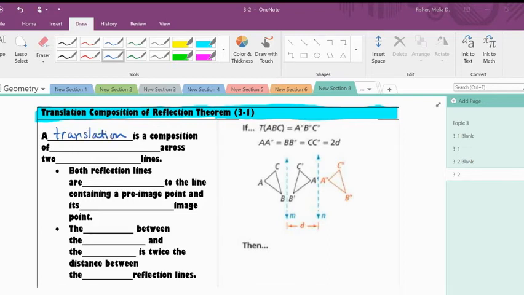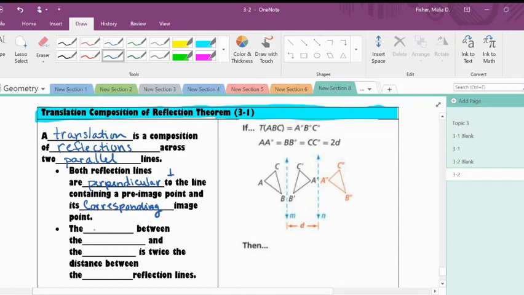So this says a translation is a composition of reflections across 2 parallel lines. Both reflection lines are perpendicular, you could use just the symbol perpendicular if you want, to the line containing a pre-image point and its corresponding image point.